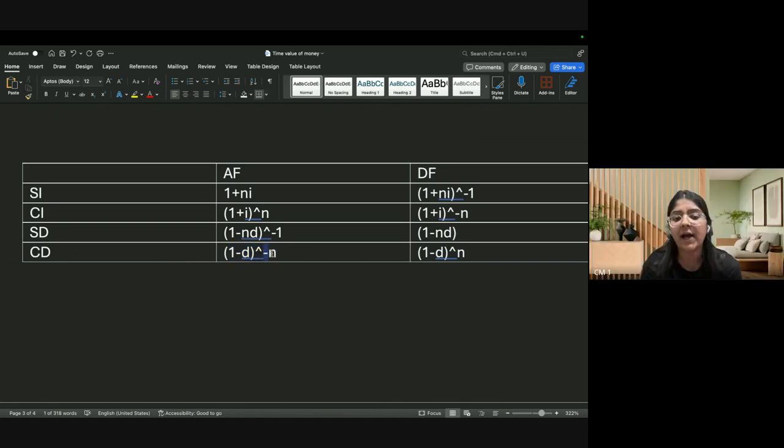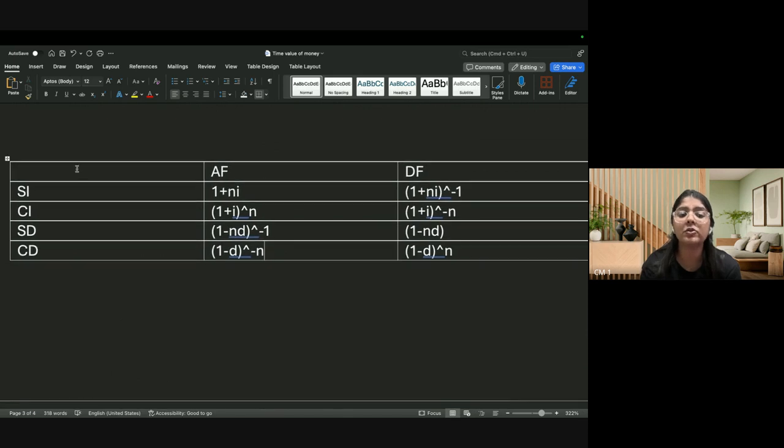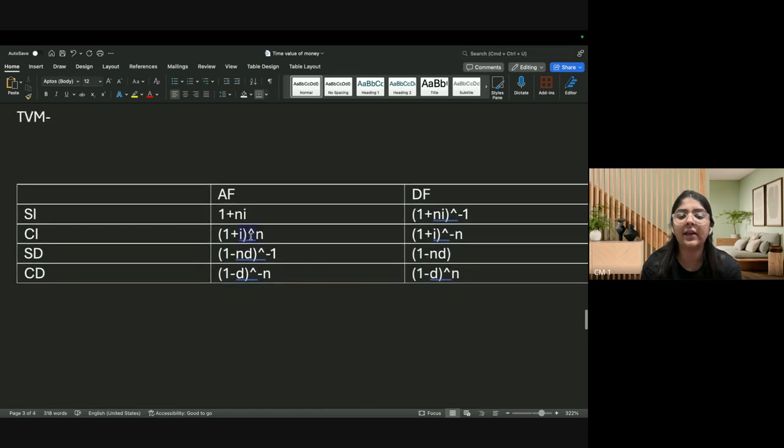This will again be a minus. So you have to refer to this table, but with time you should remember what to use when. So what you have to understand is that when you are accumulating, the general thing that you use for accumulation is your rate of interest. But if i is not given and instead d is given, you will have to use the raised to the power minus thing because you are essentially dividing.